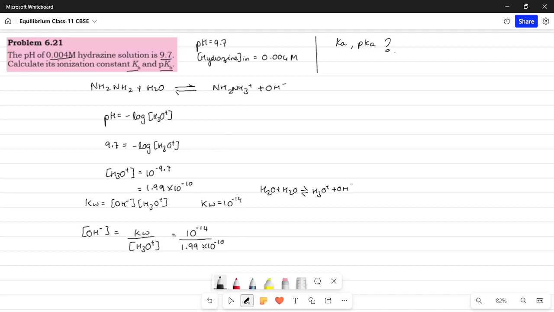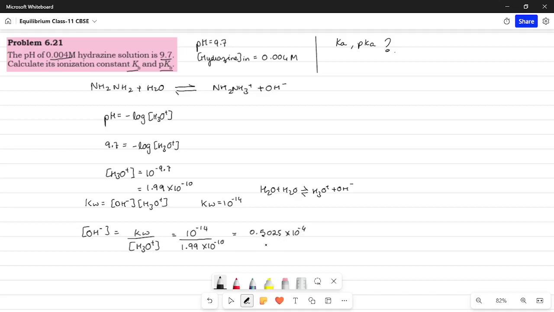So what we're doing is calculating the concentration of OH minus ions. Okay, so the concentration of OH minus is going to be equal to, on simplification, 0.5025 into 10 to the power minus 4.